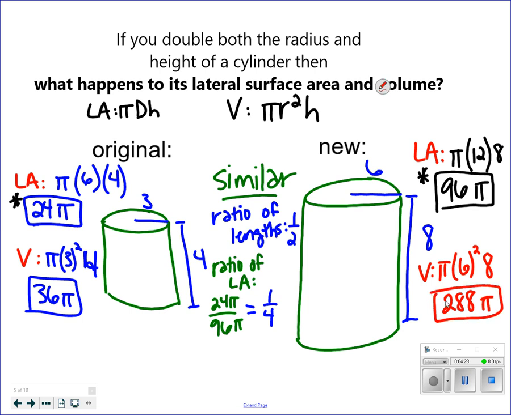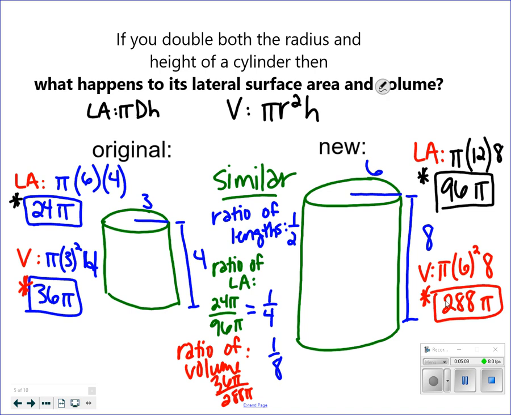Okay, so now let's compare the volume of the original with the volume of the new. So let's take a look at those ratios. If we look at the ratio of the volume, we are looking at 36 pi over 288 pi, and if we reduce that, that will equal 1/8.